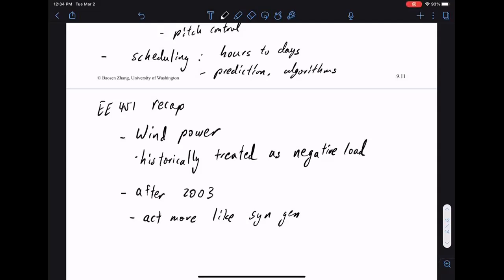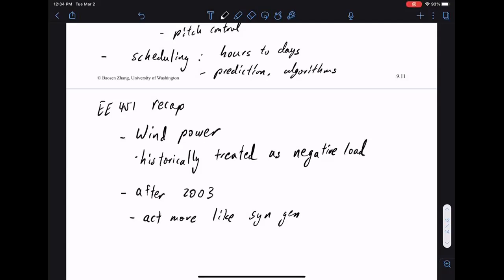All right, so these codes get updated every time we have a big blackout or big event on the system. So I expect that after the California blackout last year and the Texas blackout this year, we'll see an update again to the wind turbines. They're probably going to be required to act even more like firm generators.